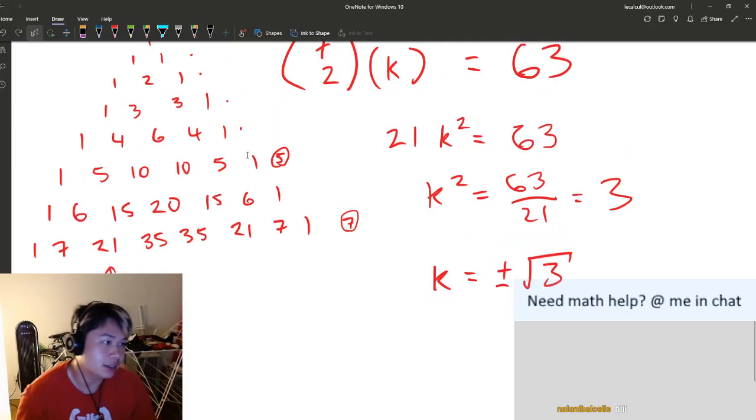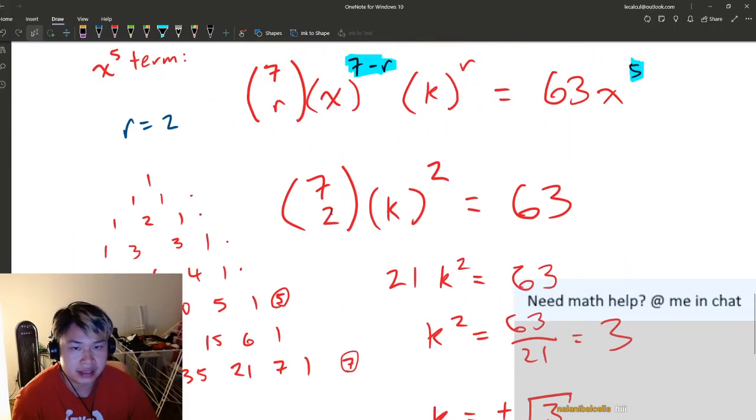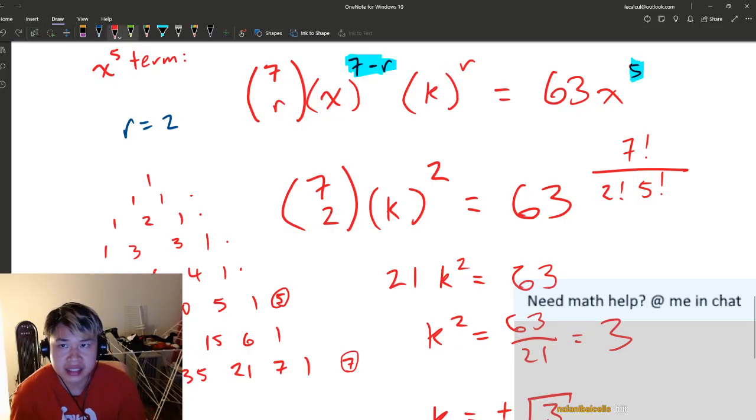Okay, if you want to use the formula way to calculate this, then this is 7 factorial divided by 2 factorial divided by 7 minus 2, which is 5 factorial. Factorials are just like descending multiplication. So this is 7 times 6 times 5 times 4 times 3 times 2 times 1. And then these are the same thing.